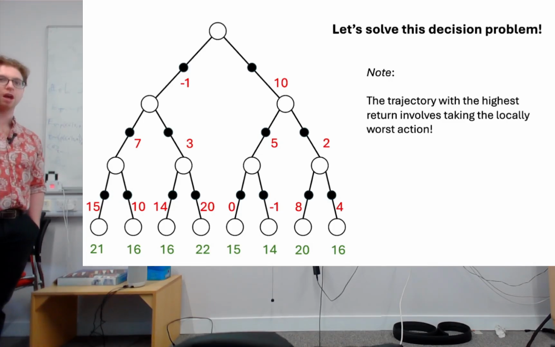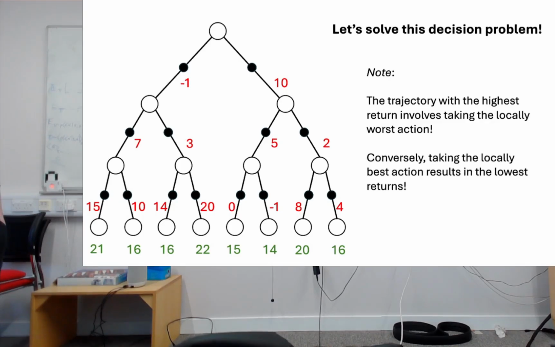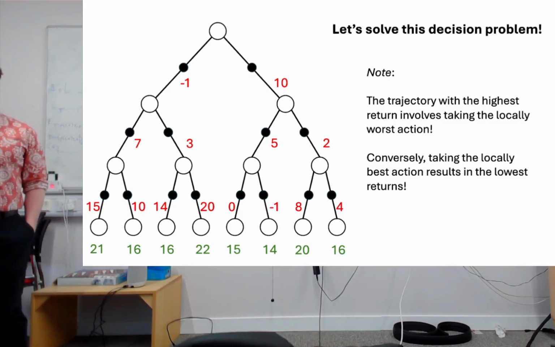All our decisions are coupled, and we need to take action so as to put ourselves in a position to obtain a high reward at a later date, often. If you take the locally best action, you can actually end up with very low returns. So if I go 10 and then 5, then this 14 and this 15, these are the lowest possible returns that I can get across all possible nodes. So this greedy approach of just picking whichever action gives me the greatest reward definitely doesn't work here.